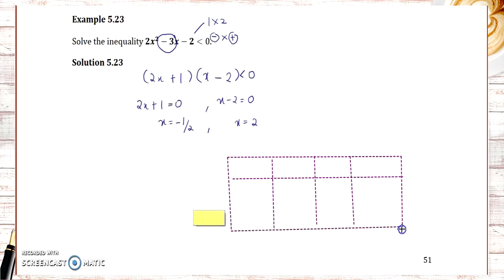Let's complete this table. We have x equals negative 1 over 2 and x equals 2.